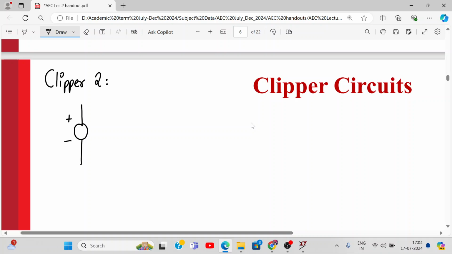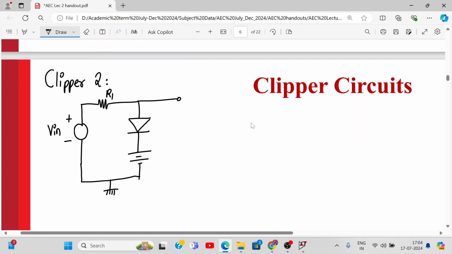We have plus minus V in, resistor R1, same circuit but with one change. We have a bias circuit now. We have a battery connected, and this is my output. This is the last circuit we are going to discuss today. So this is V out.